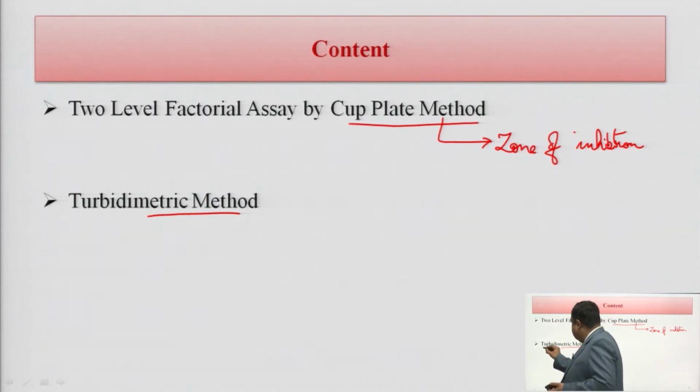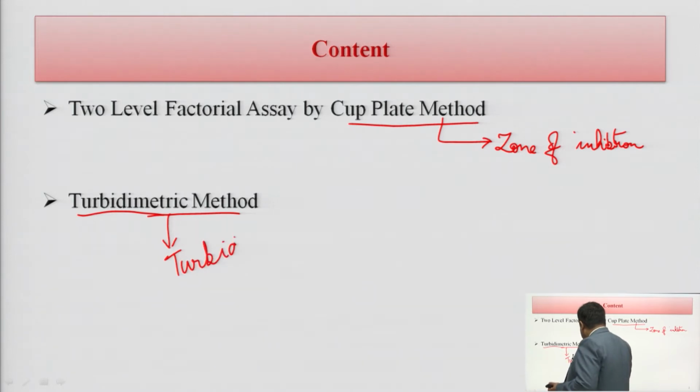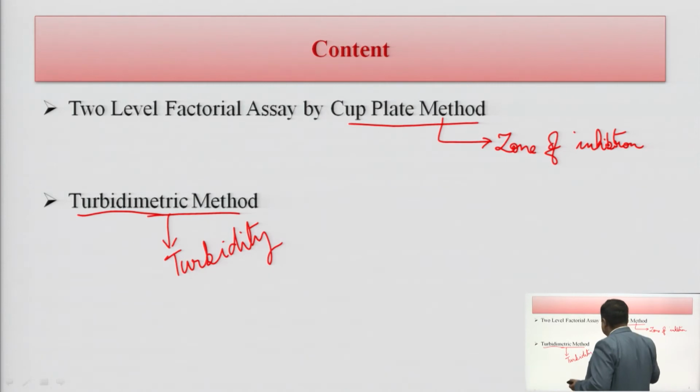So, we are estimating the turbidity in case of turbidimetric method, whereas in the case of cup plate method we are measuring the zone of inhibition.